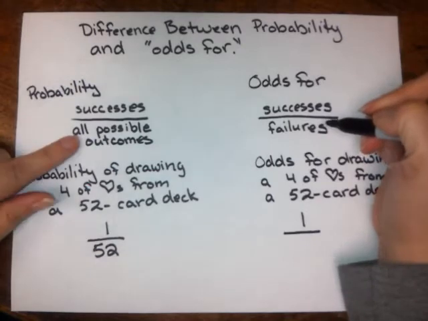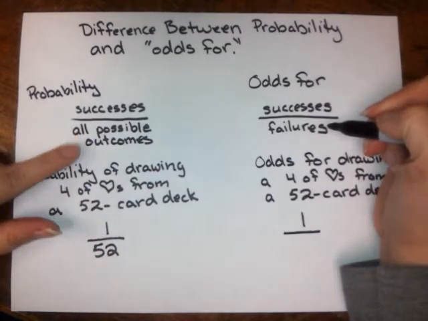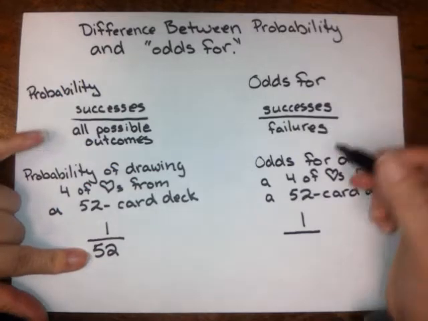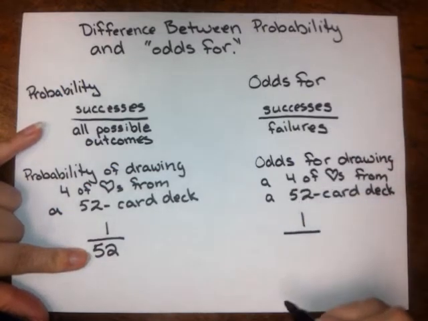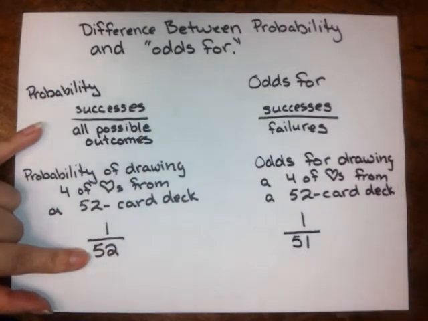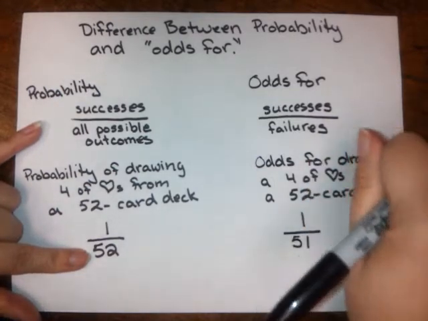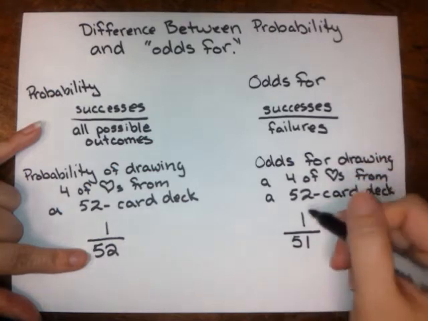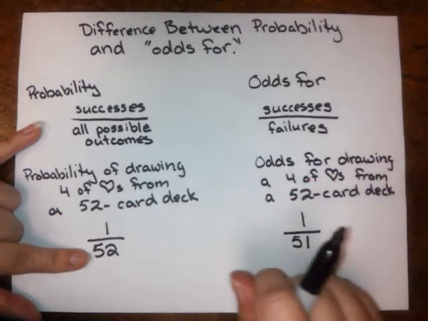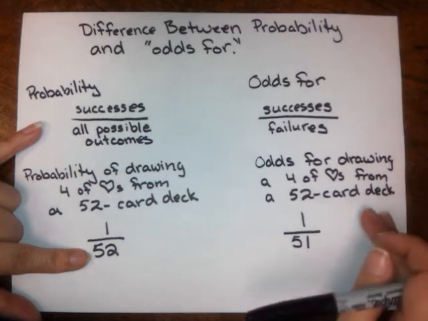But instead of all of the possible things that could happen, all 52 cards, I only want the cards that aren't the 4 of hearts. And there are only 51 of those. So if I pull a card out, there's one card that is my success card, that 4 of hearts, and the other 51 cards are not successes, they're failures.